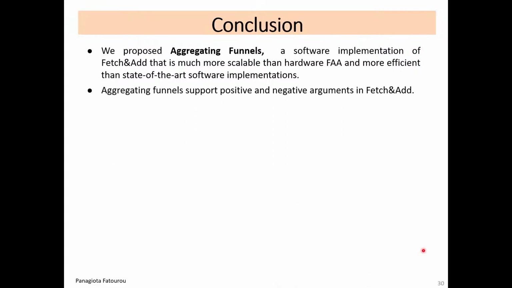The aggregating funnels support both positive and negative arguments in fetch and add. And to answer Phil's question, the way we actually support negative arguments is by having another set of M aggregators. If you have a positive argument, you're going to use the first set of M aggregators, whereas if you have a negative argument, you're going to use the second set of aggregators.